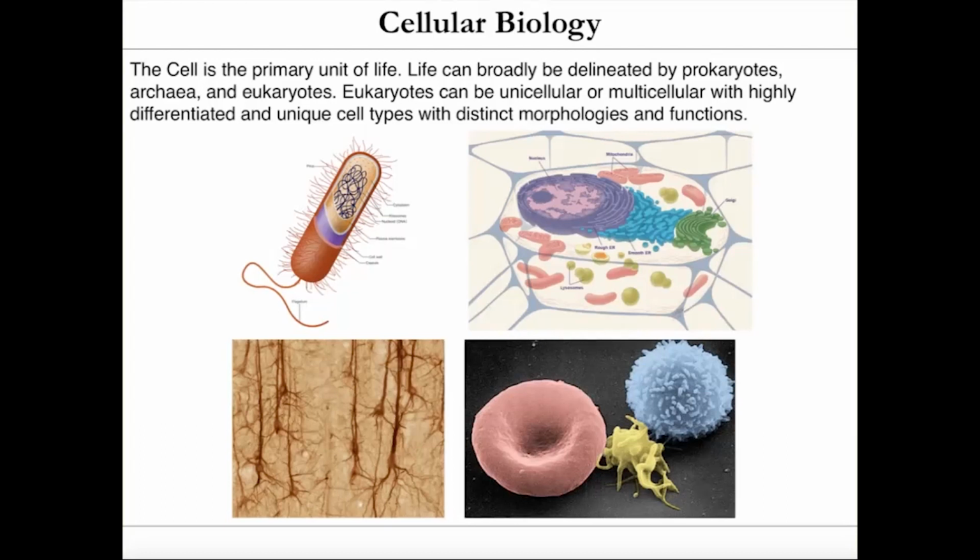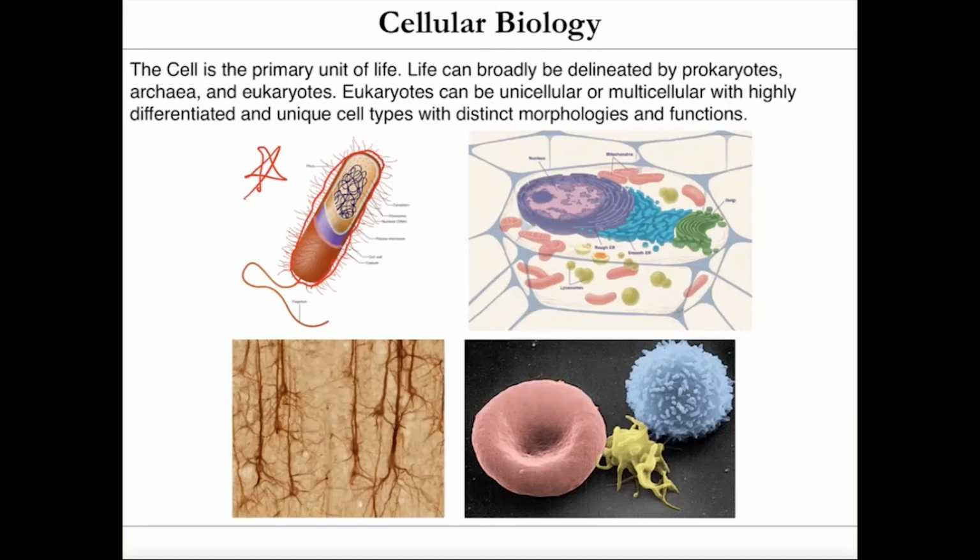Cells, as I mentioned, can also be delineated into prokaryotes, archaea, and eukaryotes. Here we have a prokaryotic cell right here. So this is a bacteria, and they are distinguished by certain features. Just like eukaryotic cells, they have a cell membrane, which delineates the outside environment from the inside environment.